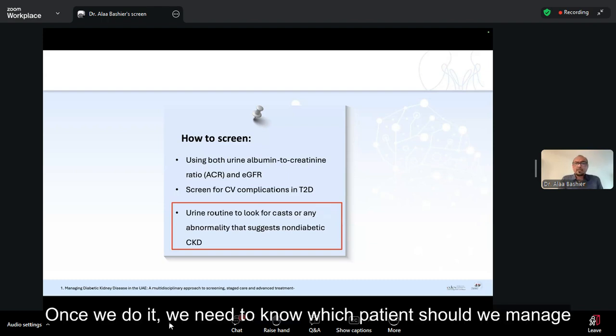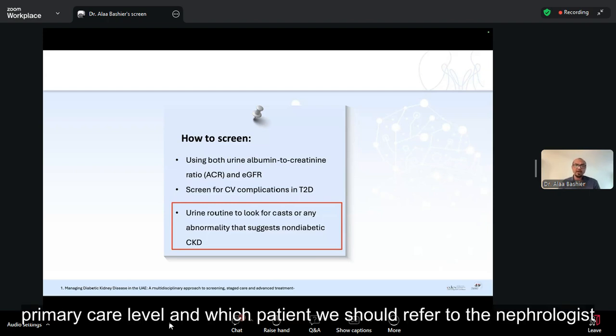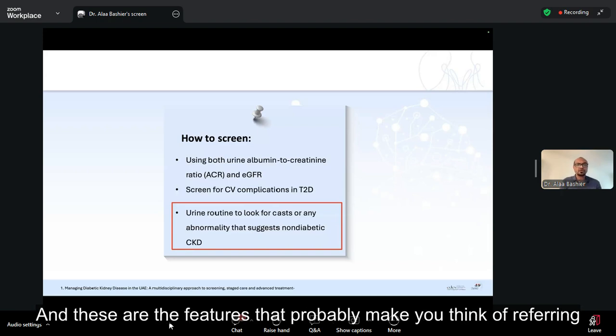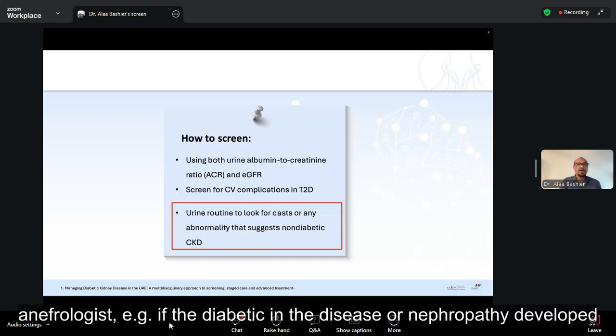Once we do it, we need to know which patient we should manage at primary care level and which patient we should refer to the nephrologist. These are the features that probably make you think of referring a patient to a nephrologist.